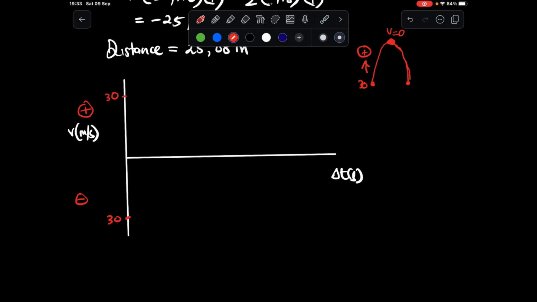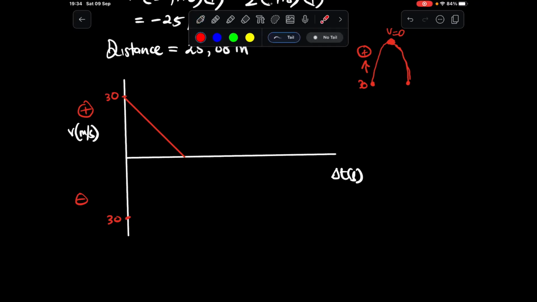Now remember, we chose up as positive, so your graph is going to initially start up. So the velocity, the 30 that it was given to the projectile, decreases up until it's 0 there. So here the velocity decreases. We show here it's going to be like this. It decreases and reaches the maximum point.